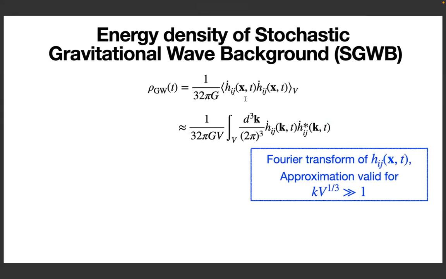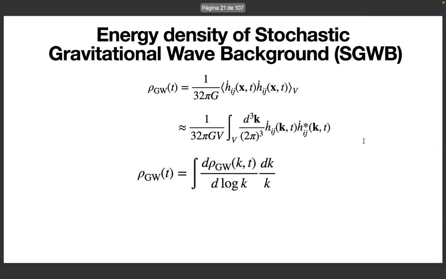So if we are here in real space, we can now go to Fourier space, and this will be approximately equal to this, because again, this jump is valid only when we consider a large enough volume such that our wavelengths are inside of this volume.